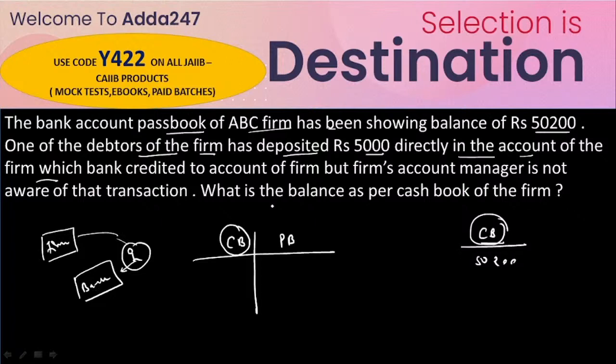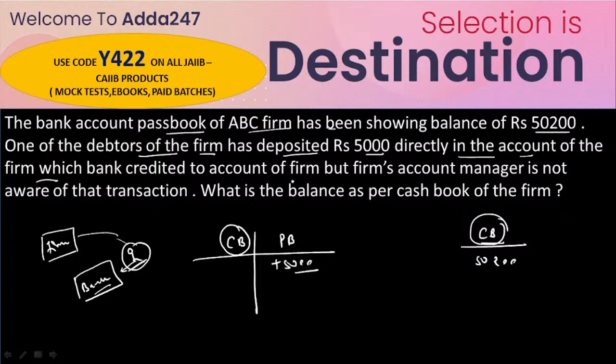Okay, so in the passbook it is reflecting like this, plus 5,000 rupees, isn't it? If the person went to the bank and deposited 5,000 rupees directly in the bank, that means now the firm's account balance is up by 5,000 rupees.